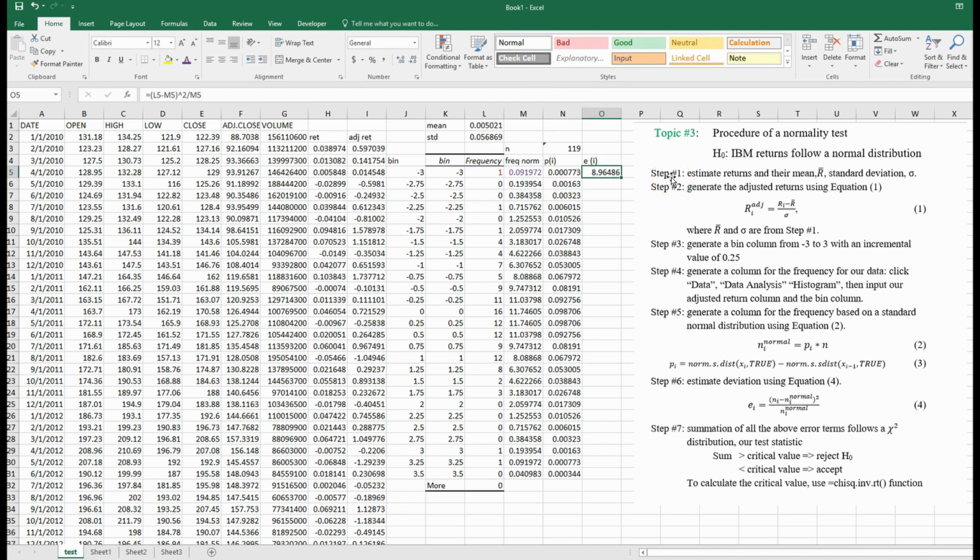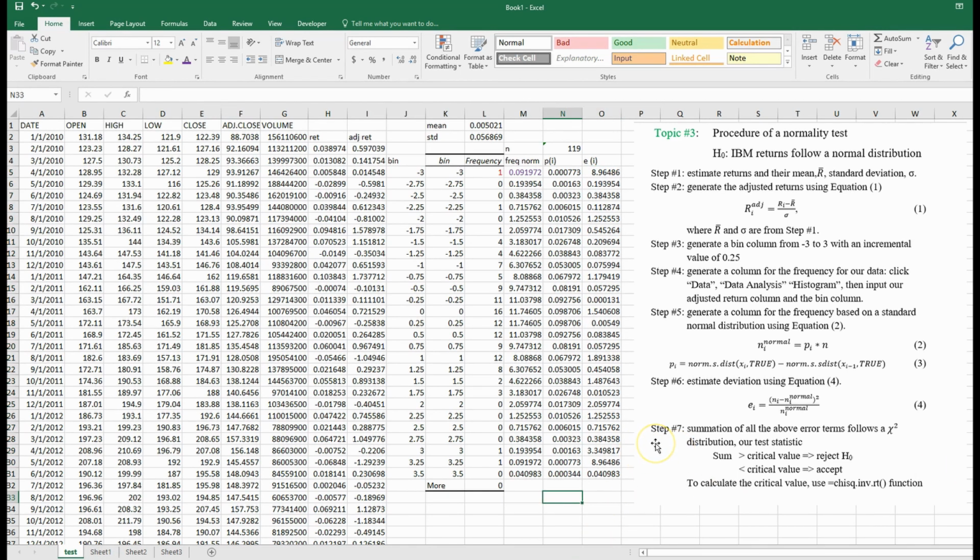Excel uses CHISQ.INV.RT, the right tail. So this is our probability, 5%. The degree of freedom is n. For the last step, step 7, the summation of all the above error terms, this column, will be our chi-square test statistic.